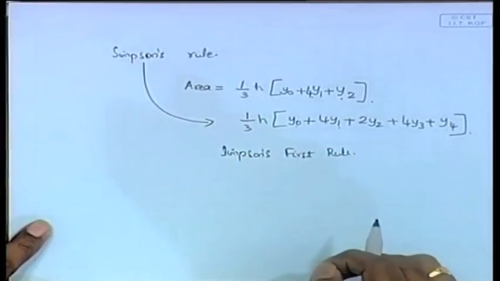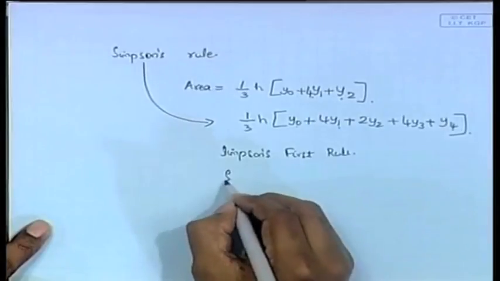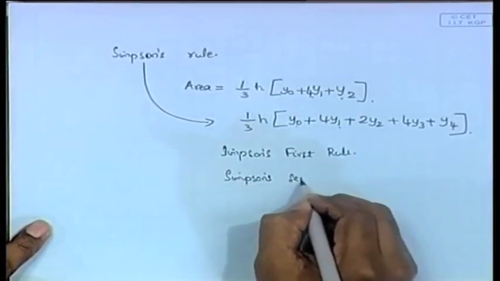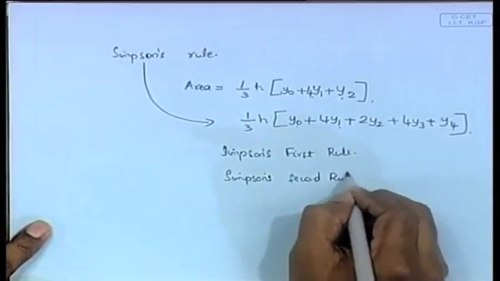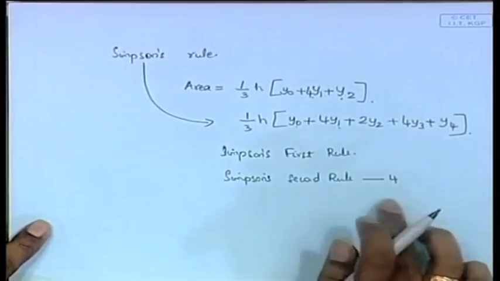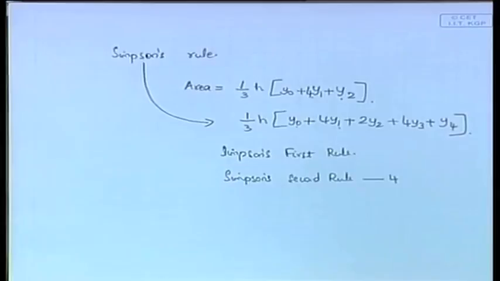There is also something known as Simpson's second rule, which deals with, it starts with 4 ordinates, that means an even number of ordinates. I will derive this. Before that, there is something which I left last time, which is very important.